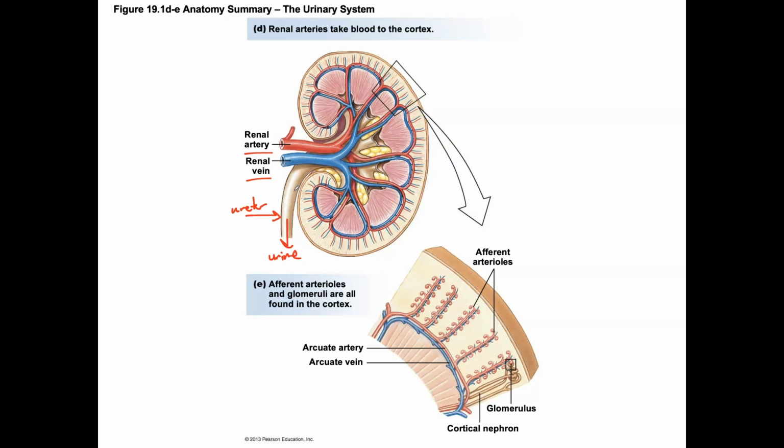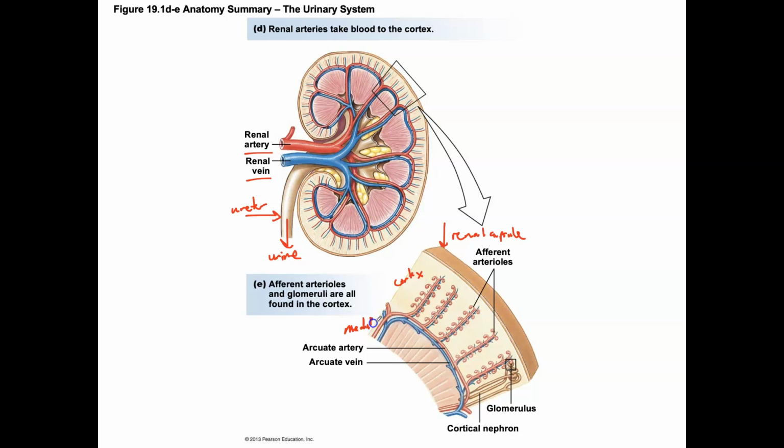In order to process the cardiovascular blood that comes in, and in order to produce urine, there need to be structures within the kidney that can perform that task. If we look at the kidney in more detail, we have the renal capsule, and underneath the renal capsule is the cortex, and then deep to that is the medulla.